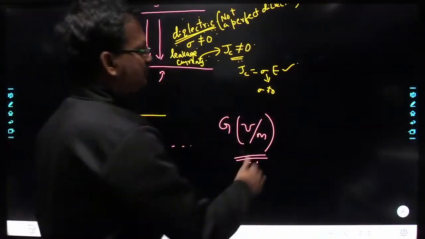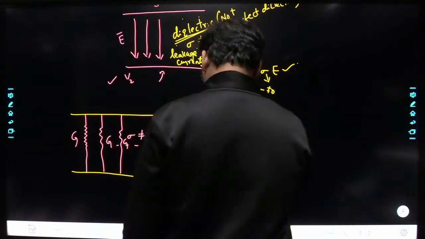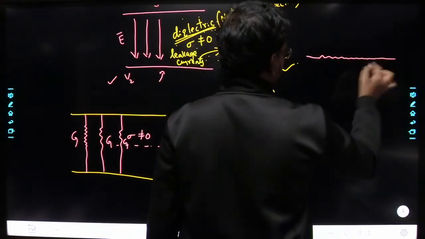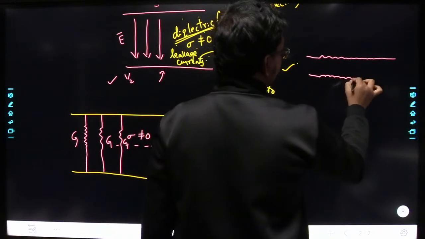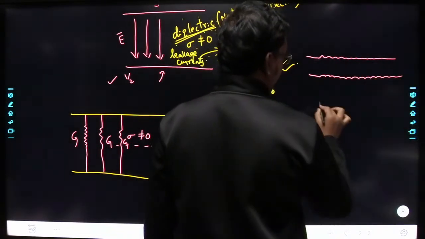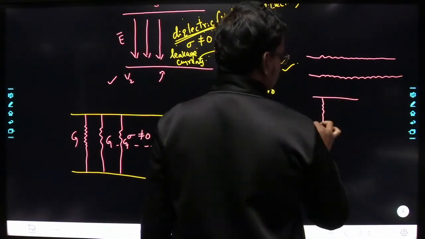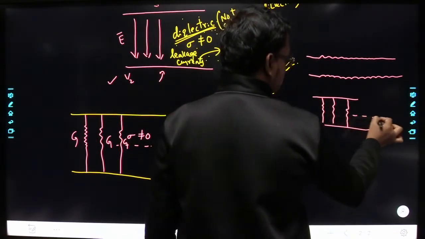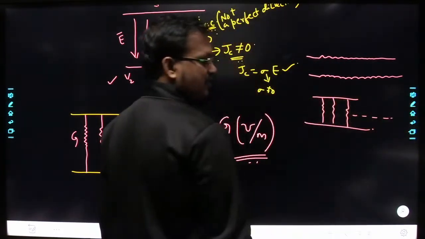So we have seen the resistance is distributed throughout the transmission line. Inductance is distributed throughout the transmission line. And now we have seen the conductance, which is developed between the two lines and is also distributed throughout the transmission line.